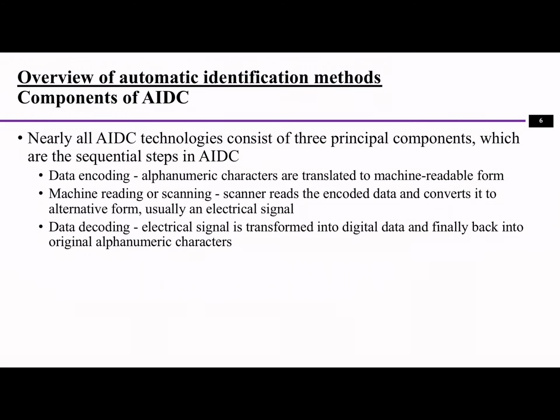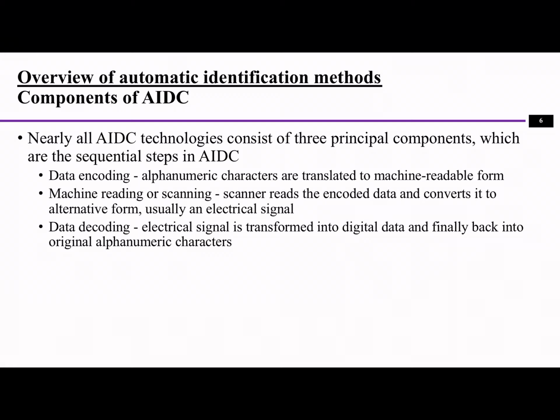First, let's look at the key components of this technology. The first one is data encoding. Data encoding means we are converting alphanumeric characters, either text or numbers, or maybe images or some of the information, into a machine readable form.